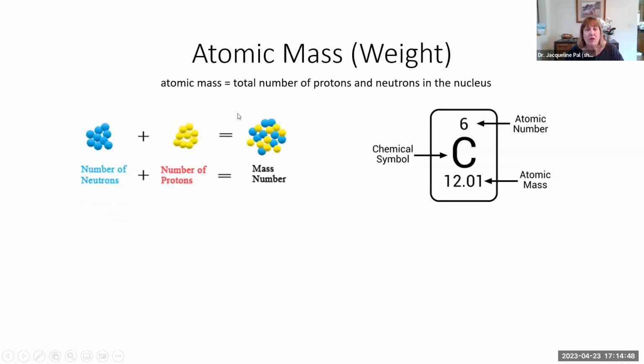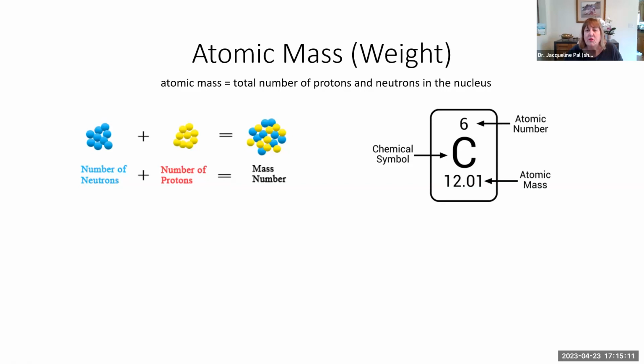So if we are looking for protons and neutrons, and we know the atomic number of carbon is 6, and the atomic mass is 12, then we would say 6 plus what equals 12, and that would be 6. So carbon would have 6 neutrons and 6 protons.